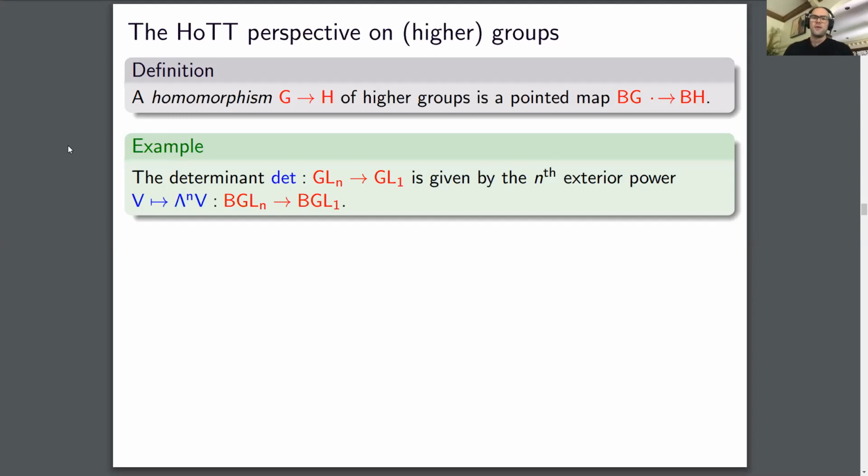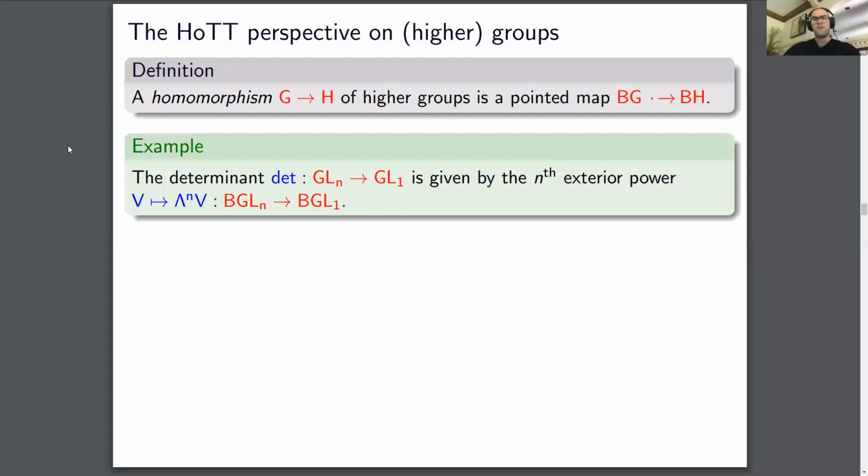So then we can see that the problem of constructing this homomorphism from GLn to GL1 is given by constructing a pointed map from the type of n-dimensional vector spaces to the type of one-dimensional vector spaces. We can do this by taking the nth exterior power. If you have an n-dimensional vector space, its nth exterior power is a one-dimensional vector space.